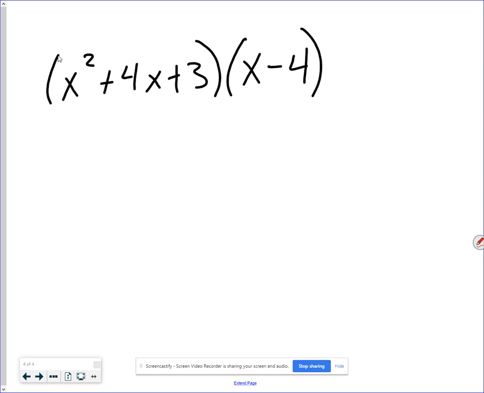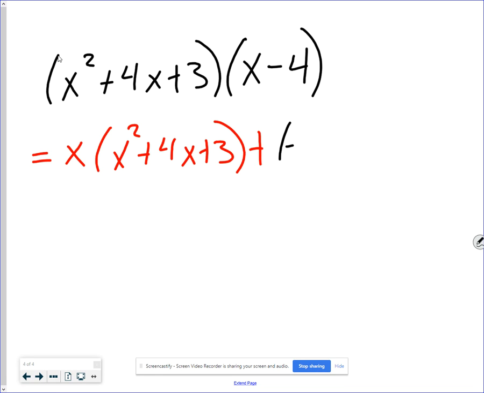We could just use the double distributive property like we did a few days ago with our exponent rules. So we know this is the same as x times x squared plus 4x plus 3 plus negative 4 times x squared plus 4x plus 3.